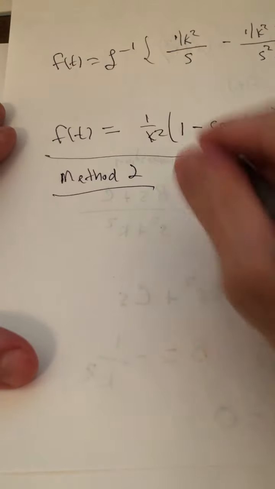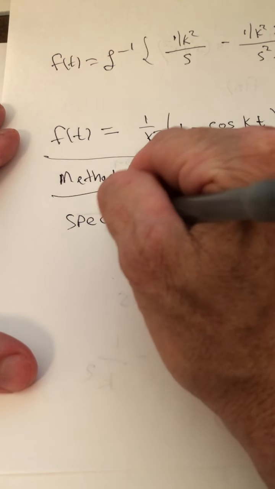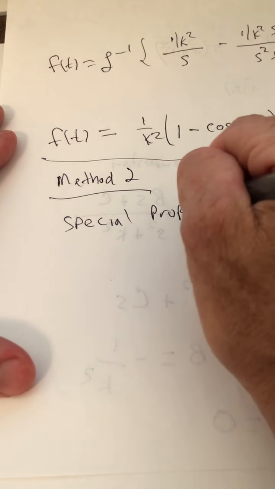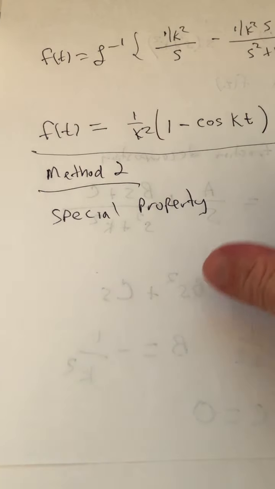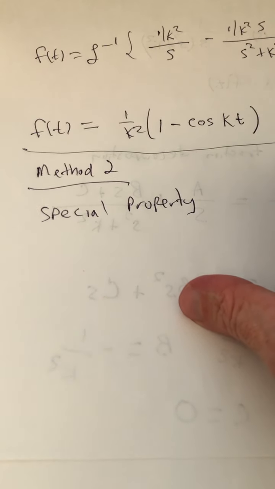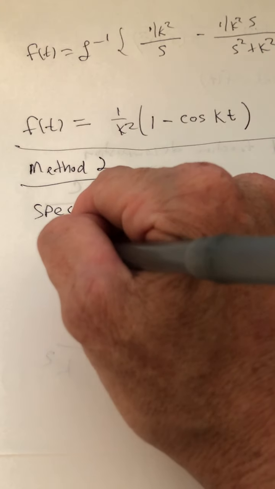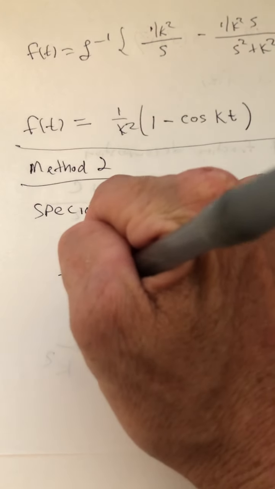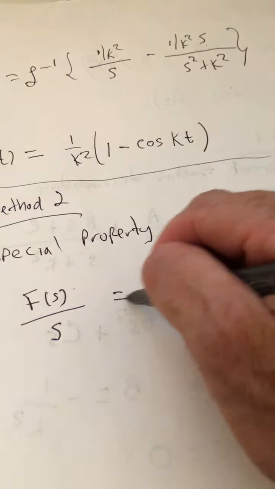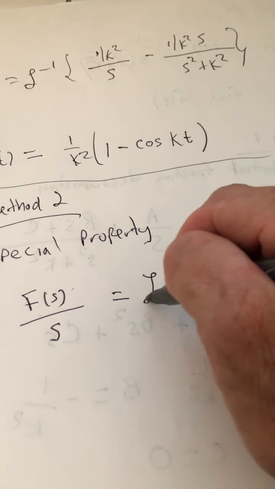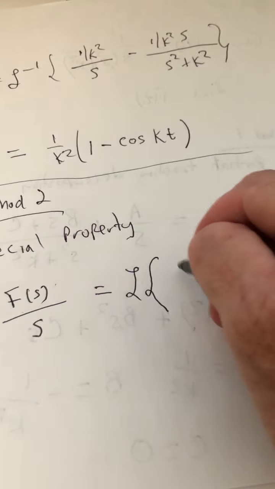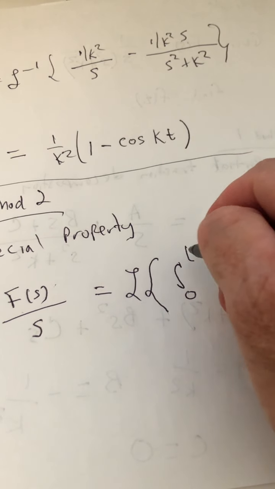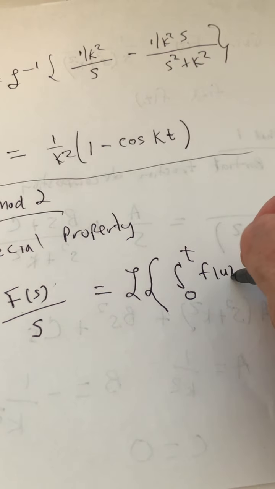Method 2, we're going to use a special property that we really haven't talked about very much. The property I'm talking about is this. When you divide your transform function by s, which is the situation that we have here, notice that this is actually equal to the Laplace transform of the integral of our function.